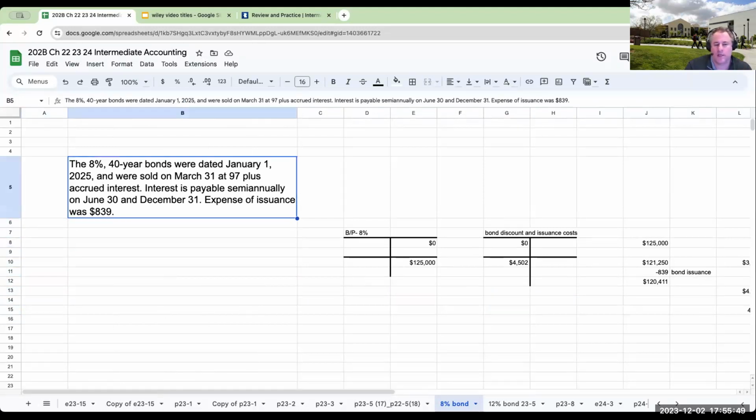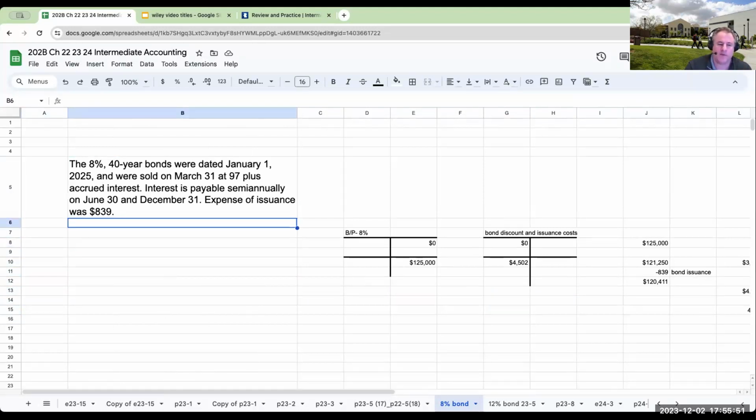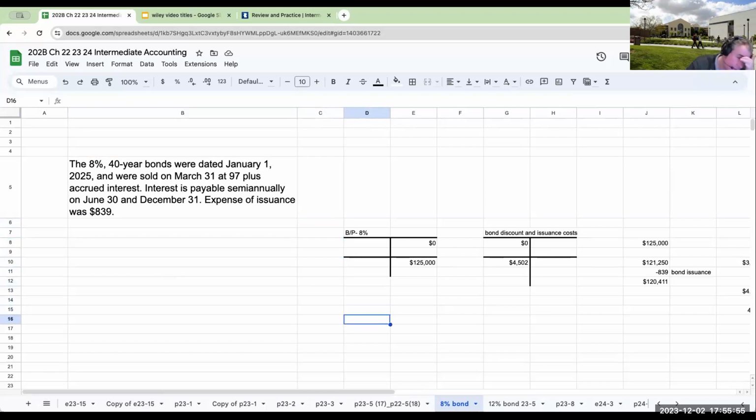These were 40-year bonds that were sold and paying interest semi-annually. So if we have 40-year bonds, and if we have 12 months each year, we're going to have a total over here of 480 months total.